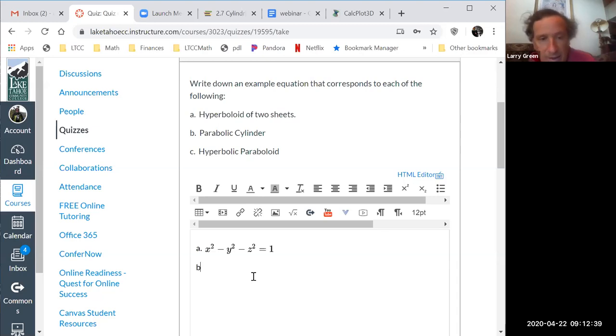Okay, let's look at B. We want a parabolic cylinder. So when you see the word cylinder, what does that tell you about the equation?